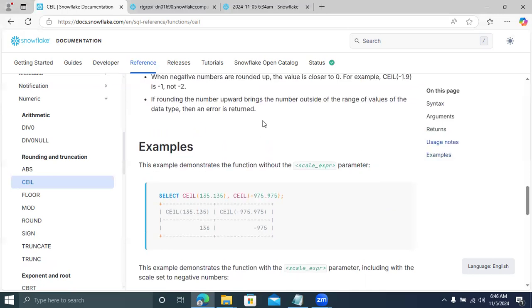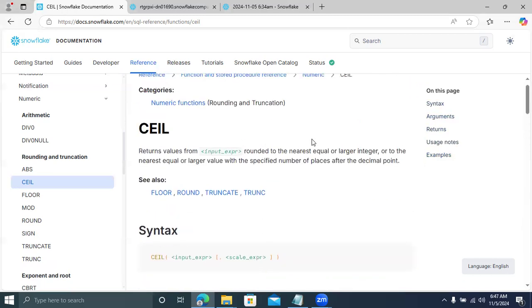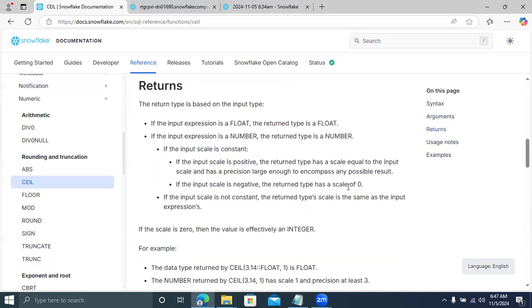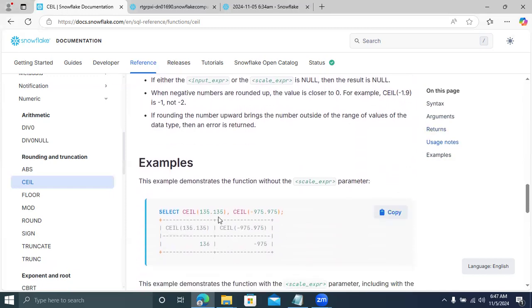But the ceil function will take it to the nearest equal or larger integer. If you give a smaller value also, for example 130.135, it will take the largest integer, or the nearest value, 131.